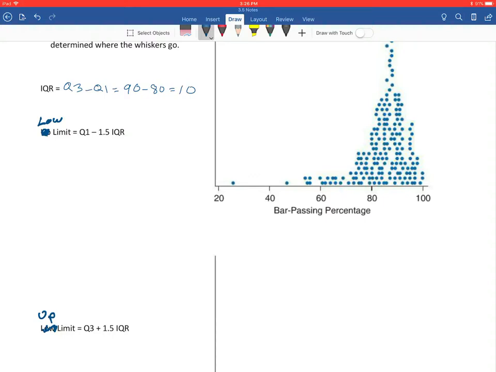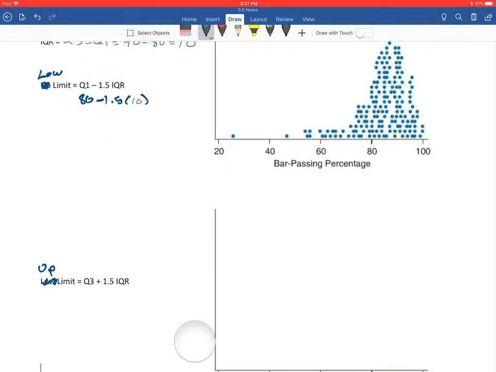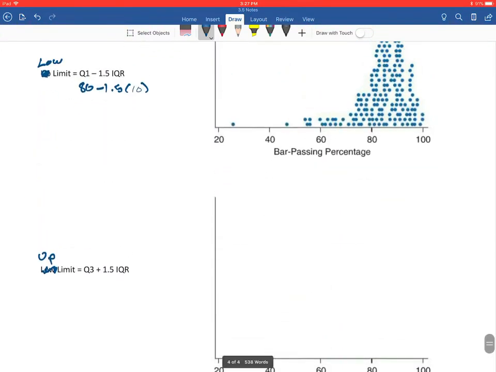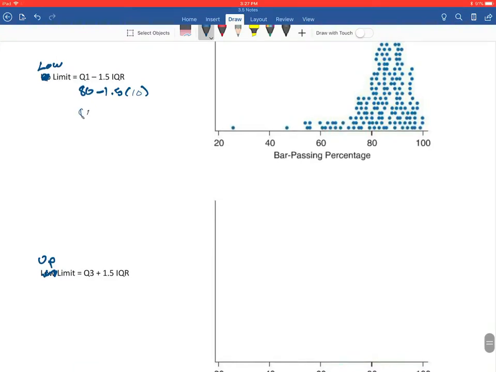So make that change on your note sheet. The lower limit is Q1 minus 1.5 IQRs, so that's 80 minus 1.5 times 10. So that's 80 minus 15. So that'll be 65.